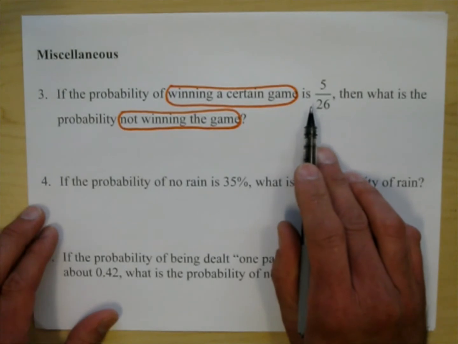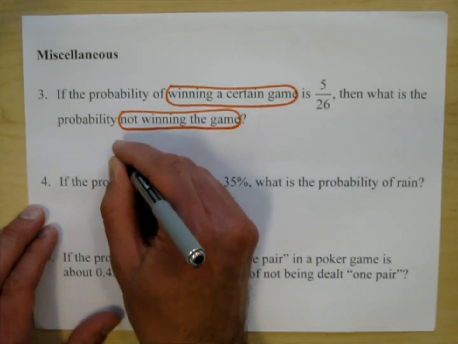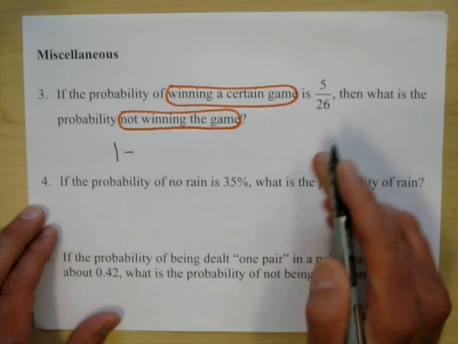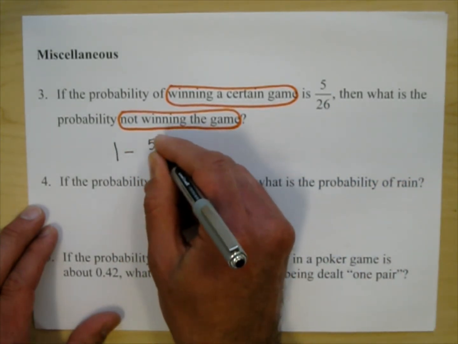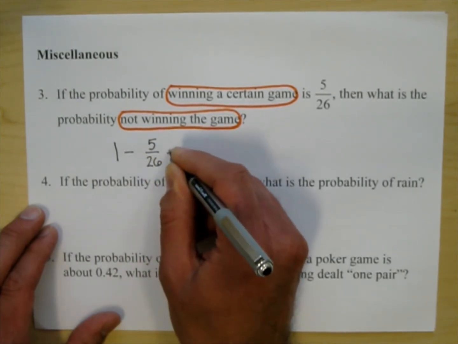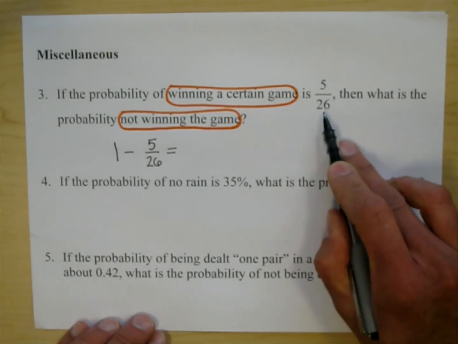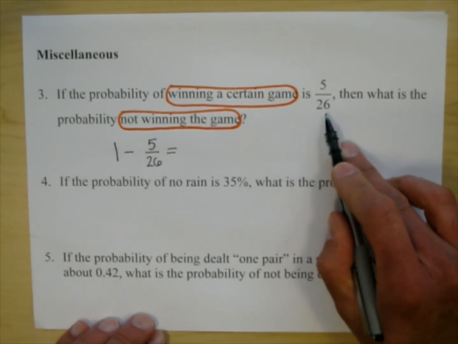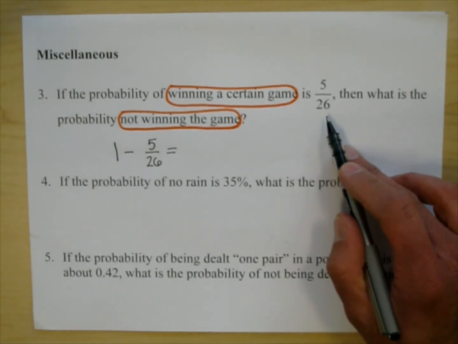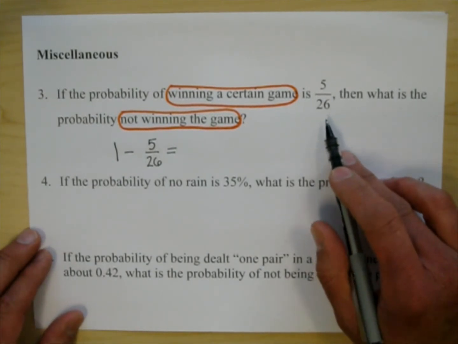So the way we can do this problem is by going 1 minus this probability. I was thinking about saying this probability plus x equals 1 and then subtracting, but then we'd start turning this into algebra, and we don't really need to do that here.